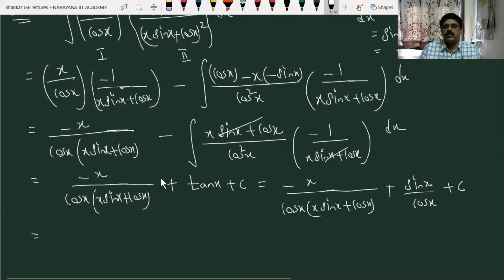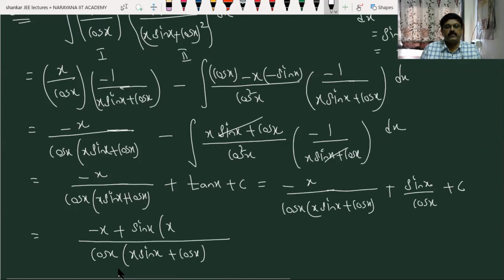Now, students, you will be left with, carefully write, cos x into (x sin x plus cos x). Then the numerator will be minus x plus sin x of (x sin x plus cos x), plus c, students.